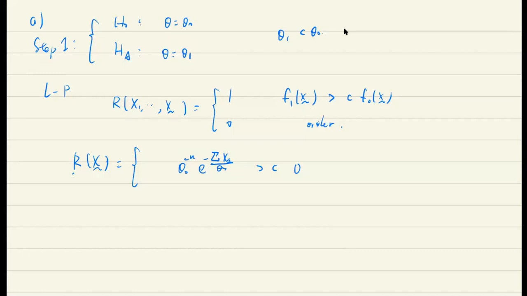Let's move this constant to here. And this term, theta 1 is smaller, so it's negative. So this is a decreasing function in X bar. So it's equivalent to find X bar is smaller than some constant C star.